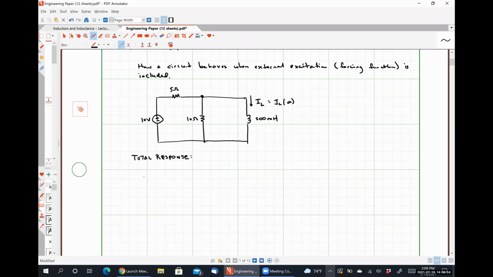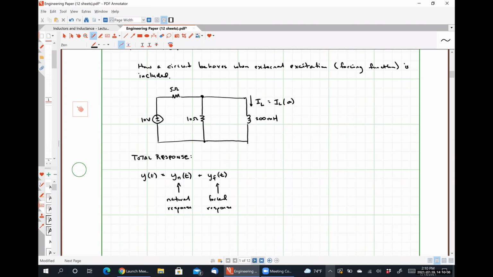And so our total response, y of t, is going to be simply the sum of the natural response and our forced response. So what this is going to let us do is now analyze circuits where we leave voltage and or current sources in, okay?